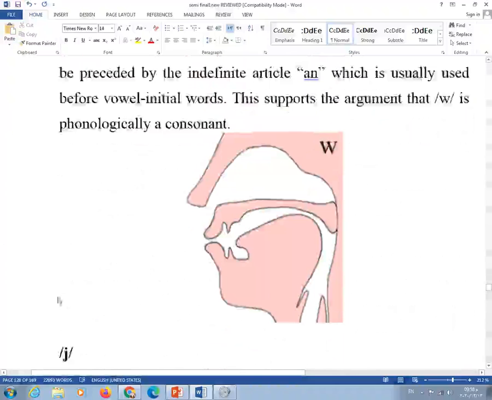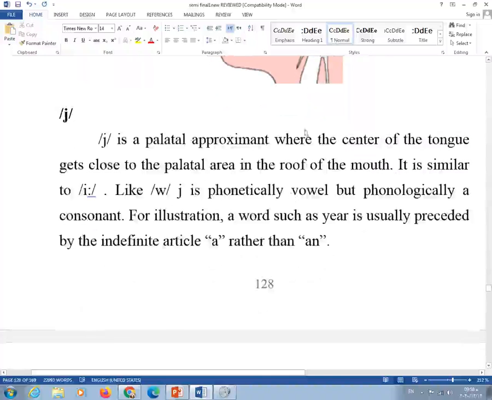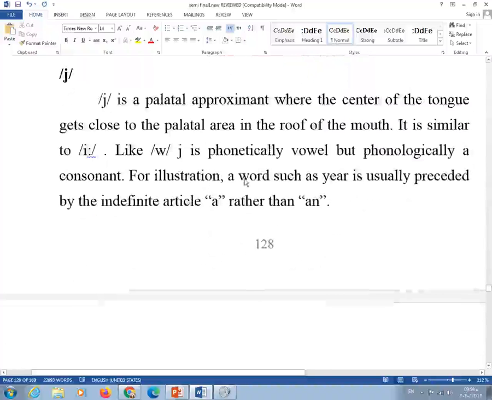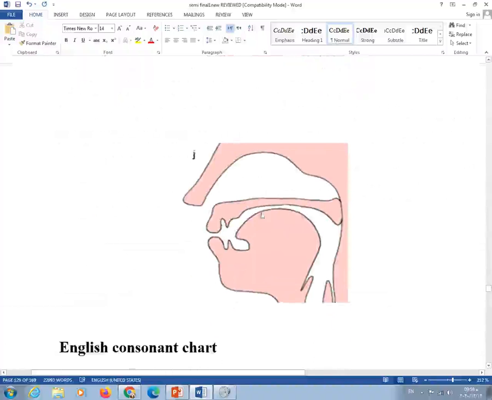The final consonant here is a palatal approximant. These are the approximant consonants, the three: r, w and y. The center of the tongue gets close to the hard palate area, as we see. Look at this. The tongue is raised to be very close to the hard palate.